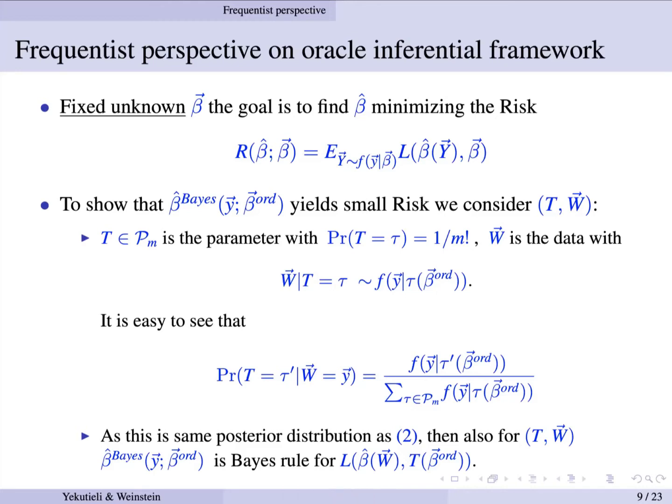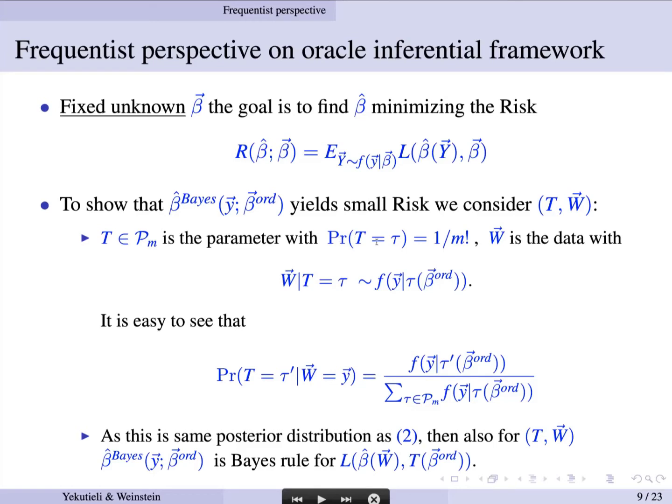I'm considering this made up pair of T and W vector. So what are this pair of T and W vector? T is, in this case, the parameter. T takes on the values of the m factorial different permutations over m objects.